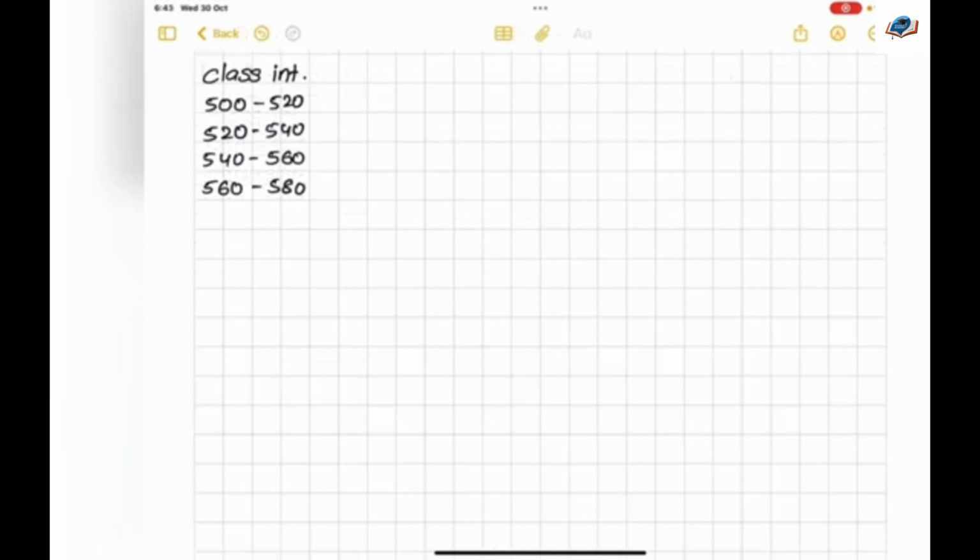Now to solve this sum, I will be using the step deviation method, and let us write down all the information which we know. Class interval, so 580 to 600 it is given, then fi is 12, 14, 8, 6 and 10, and total, sigma fi, will be 50.